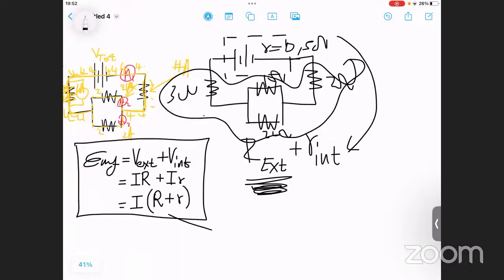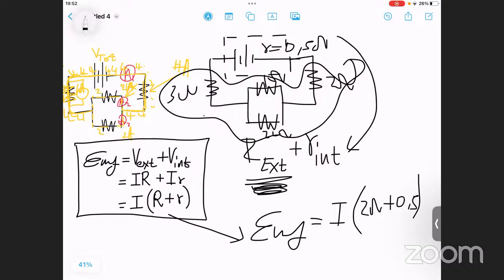So on that formula, you already have your EMF, which is equivalent to I into the R external. Let's say it is 2 ohms, then you add it with 0.5. You already have your R, which is equals to 2.5 ohms.